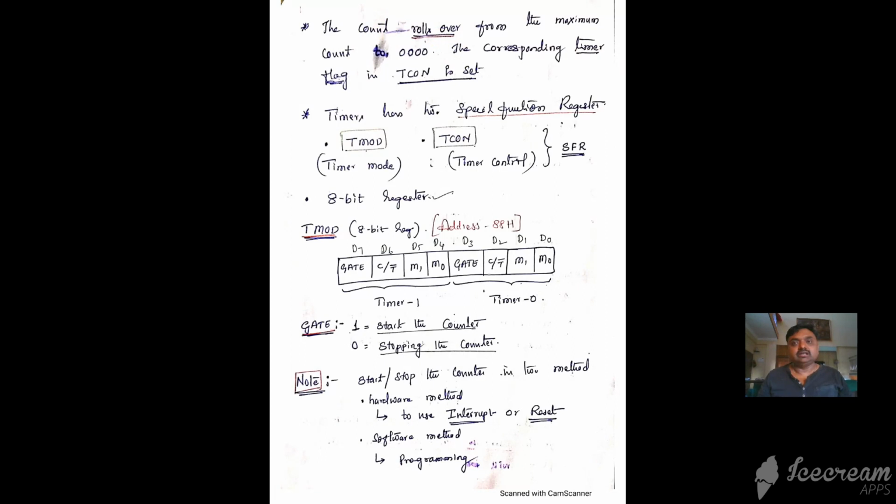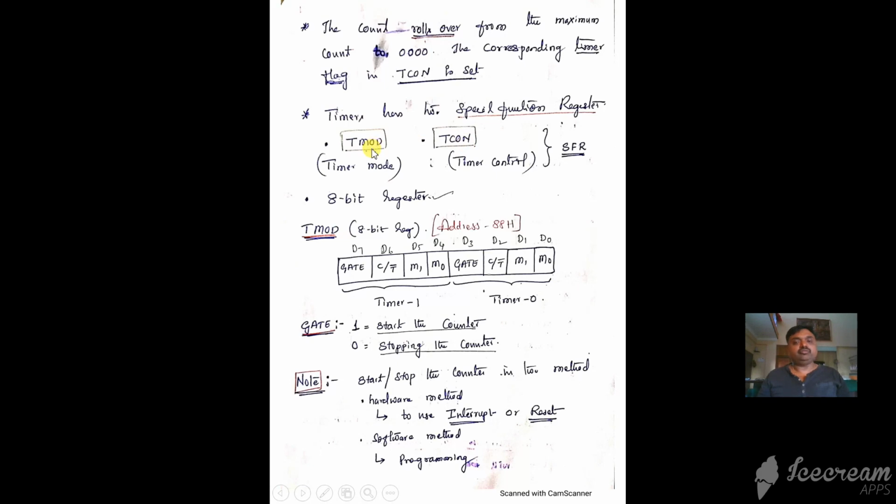It means that it reached the maximum count from 0000. The corresponding timer flag, TF, is set in the TCON register. We will discuss the TCON register later. Next, the timer has two special function registers: the timer mode register and the timer control register.